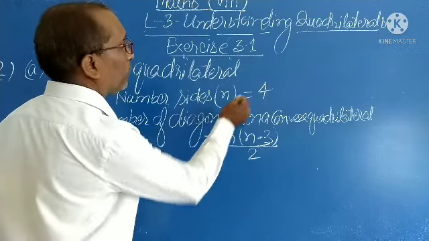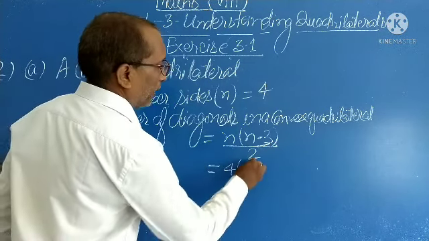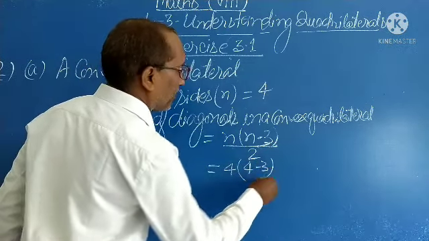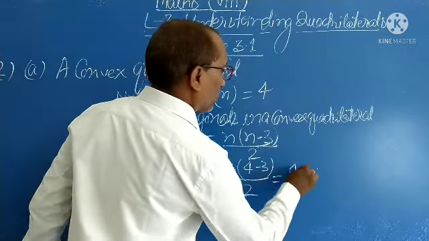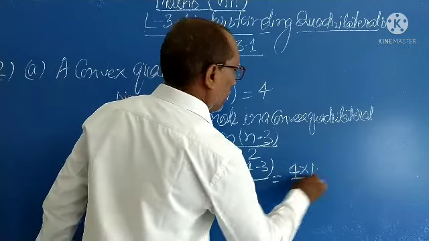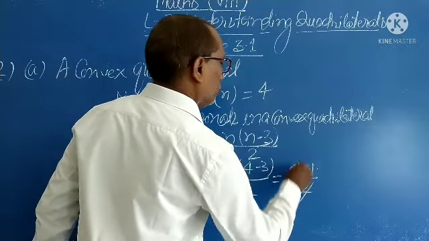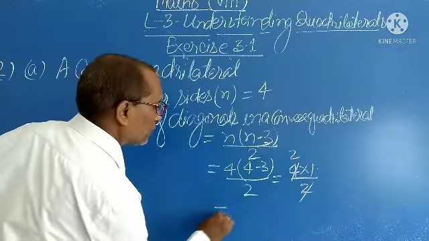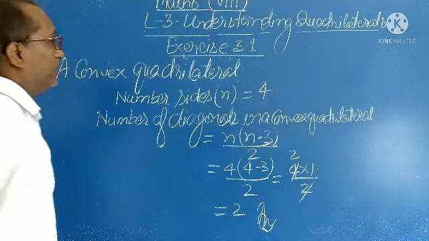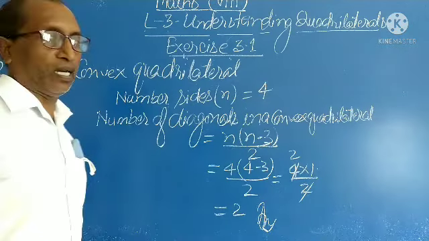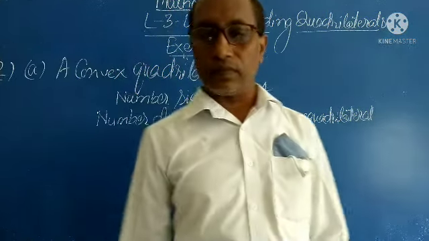You put the value of n, 4, in the bracket: 4 into (4 minus 3) upon 2, you get 4 into 1 upon 2. 2 times 2 is 4, that is 2. This means the number of diagonals in a convex quadrilateral is 2.